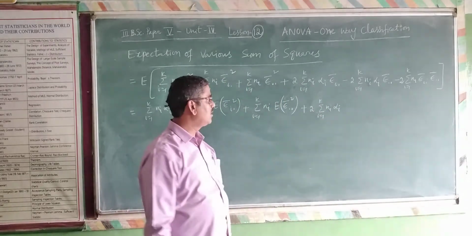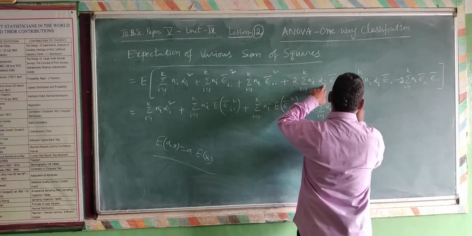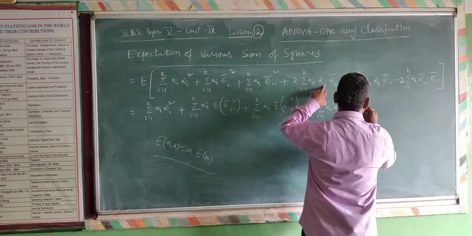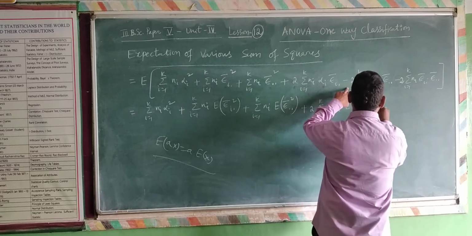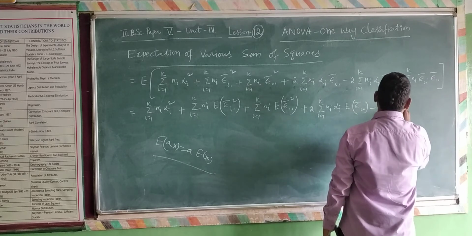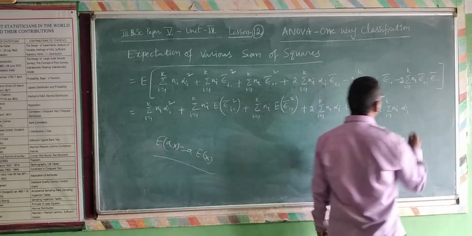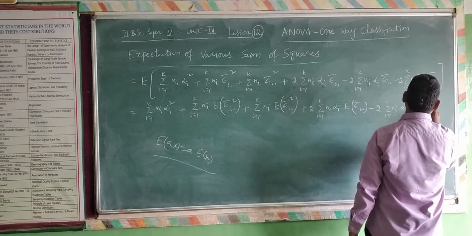Right? It is a constant, it is a parameter. Now multiplied by expectation of epsilon bar i dot, plus minus the next term, 2 into summation i equal to 1 to k of n_i alpha_i, n_i alpha_i is also a constant, expectation of epsilon bar dot dot.